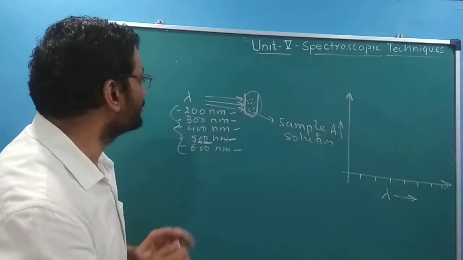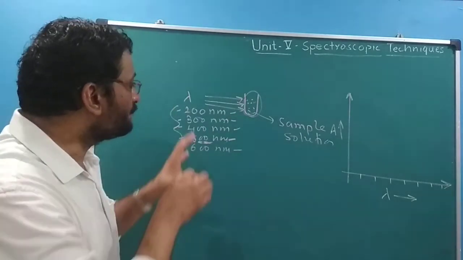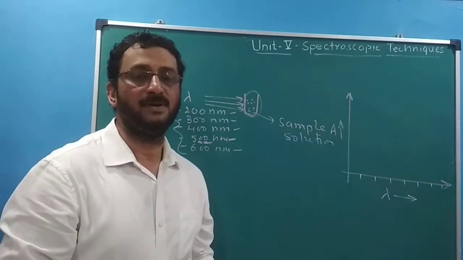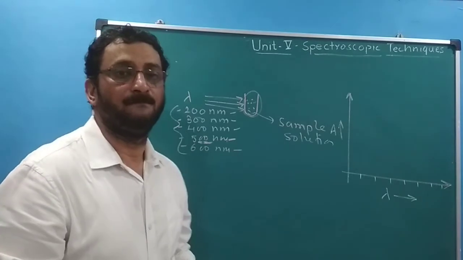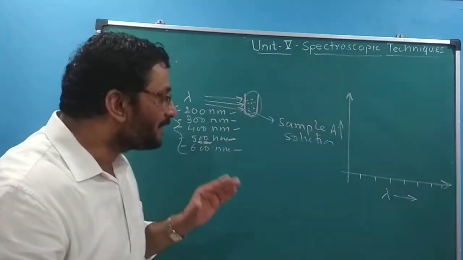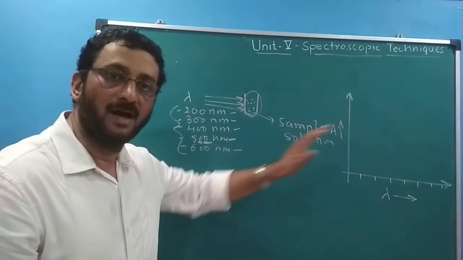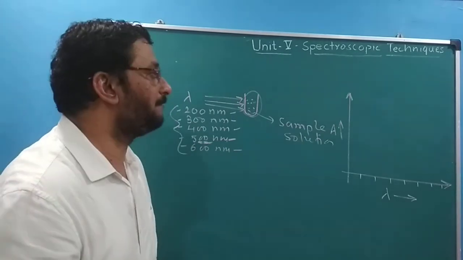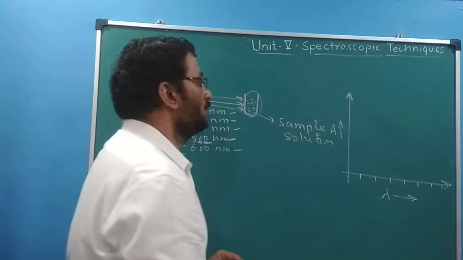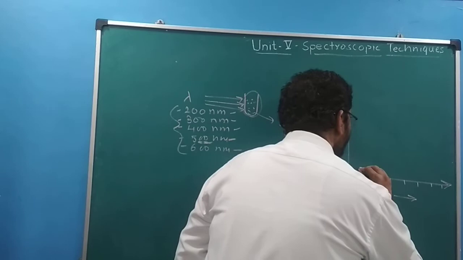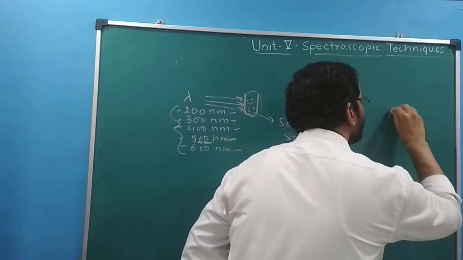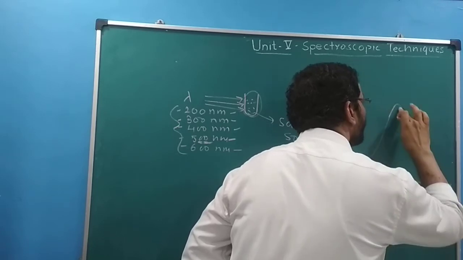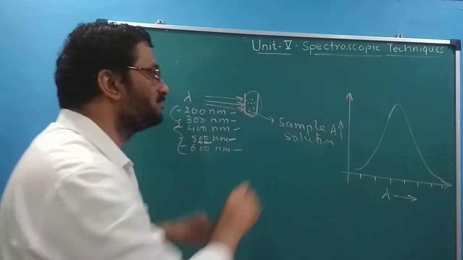So the basic part of spectroscopy is, some part of light is absorbed by the sample, and some changes are there in the sample. These changes are recorded in the form of a graph, in the form of a spectrum. So for this sample, one simplest form of spectrum may be like this. The spectrum is coming like this, isn't it? What is the observation?